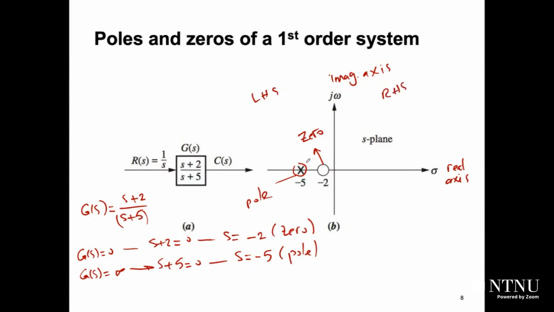Your system poles and zeros must be located in the left-hand side if you want to have a stable response. You can check stability quickly by just looking into pole zero locations in the S plane. As you can see here, all poles and zeros are located in the left-hand side, and as a result of this, our system will be stable.